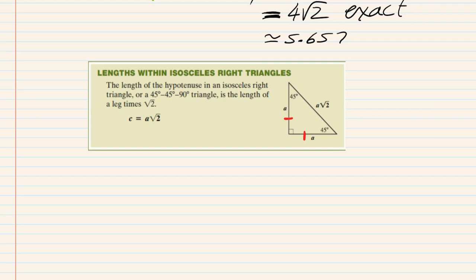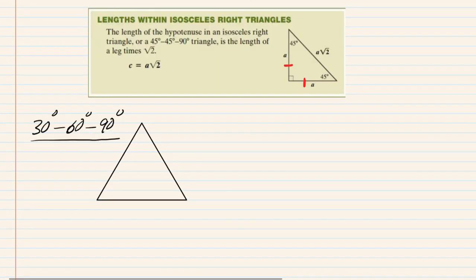The second special triangle that we're going to look at is going to be a 30, 60, 90 degree triangle. Okay. Now to look at this one, let me grab a triangle that's suitable for this work. Okay, this is actually perfect. So I found a triangle that works. Now this triangle is an equilateral triangle.